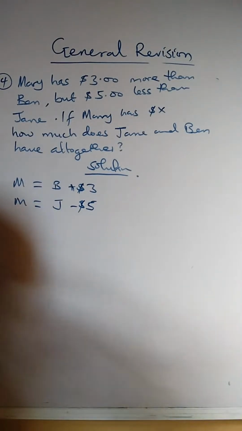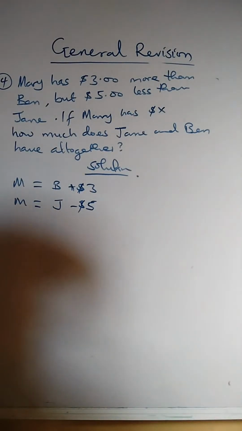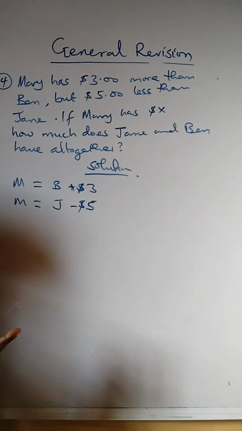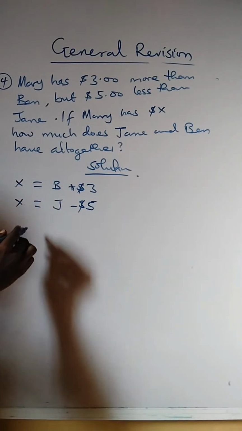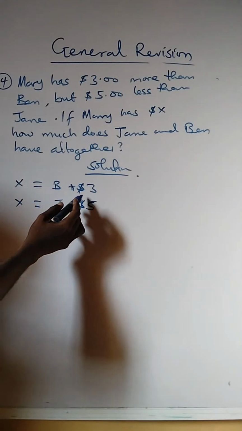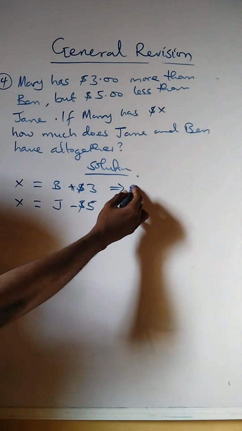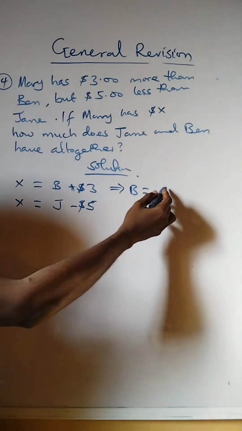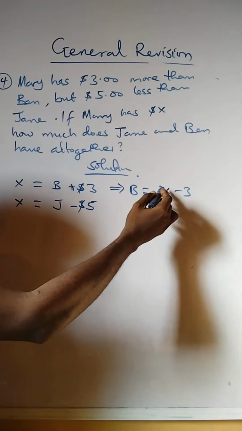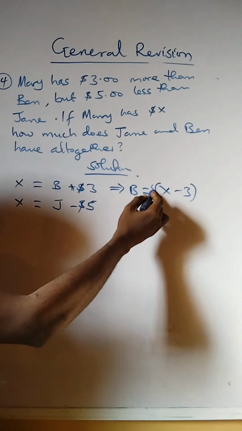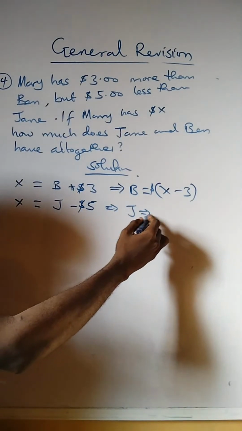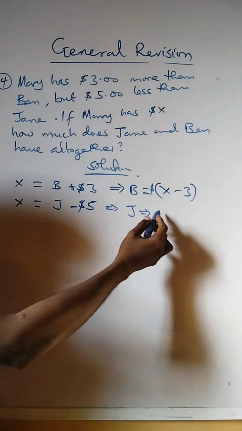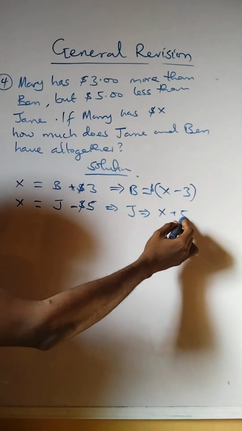So now from these two equations, we are told that Mary has X dollars, so we just put X for Mary. Now, what is Ben having? Ben is having X minus $3, and Jane is having, because minus becomes plus, X plus $5.